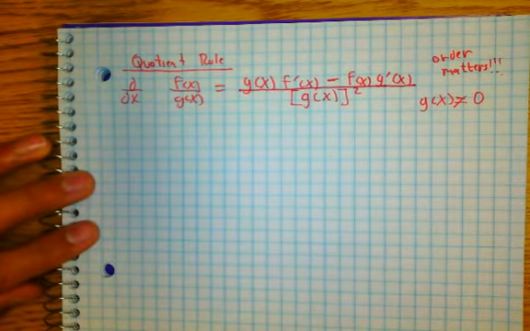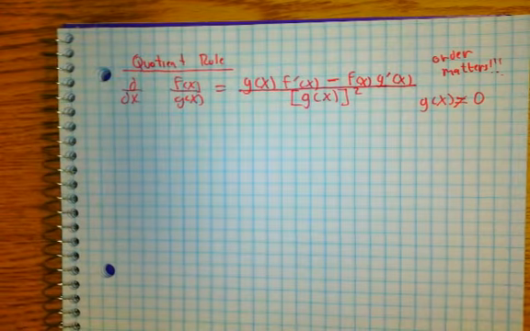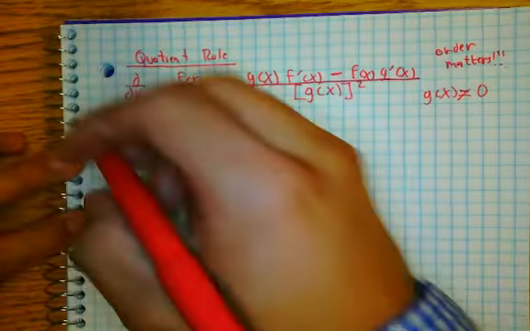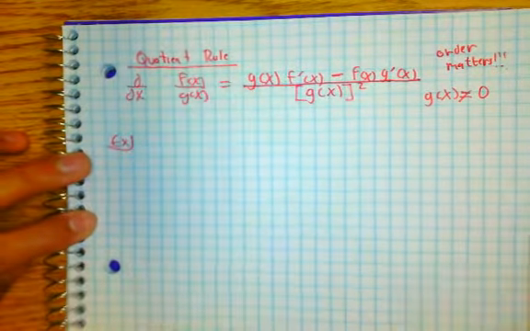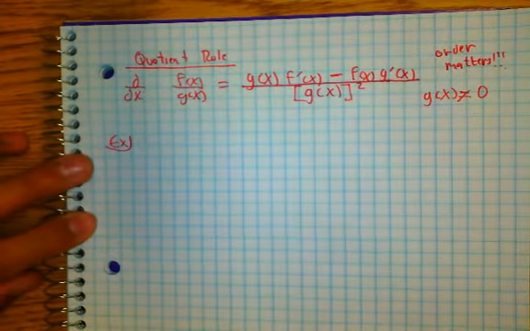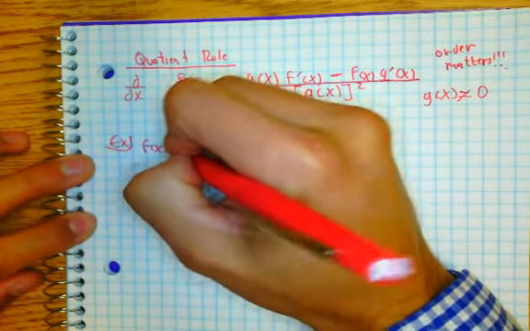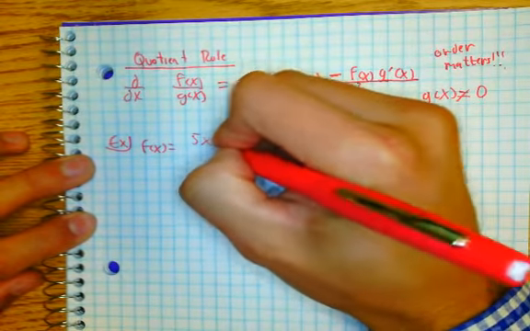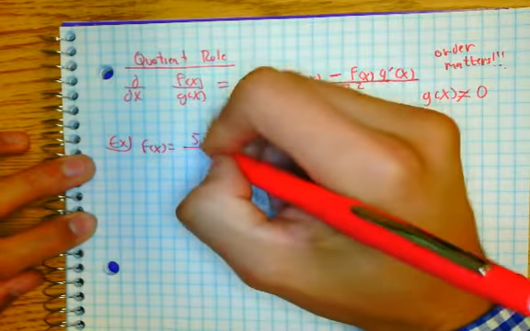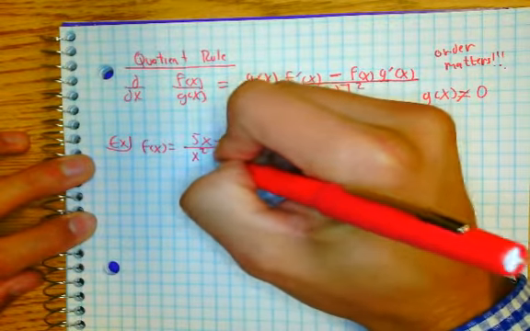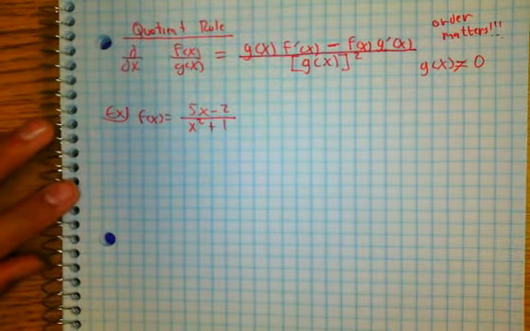Alright, here's an example I'll work out with you. Let's pretend that you have f of x equals 5x minus 2 all over x squared plus 1, and I ask you to derive it. Alright, very first step, f prime of x. So what do I do first?